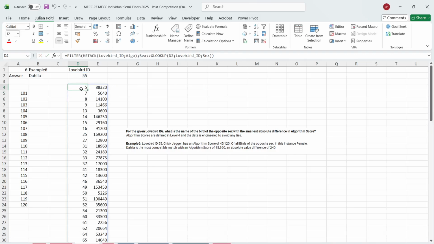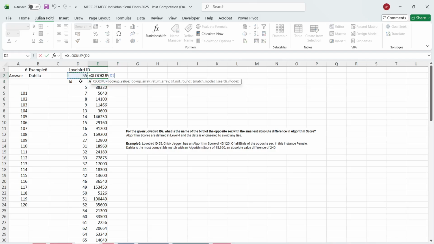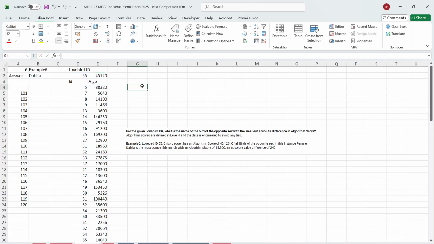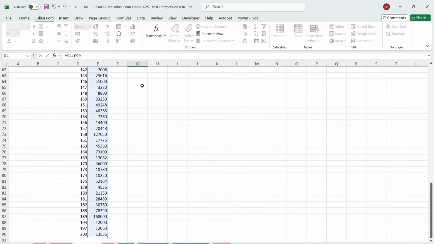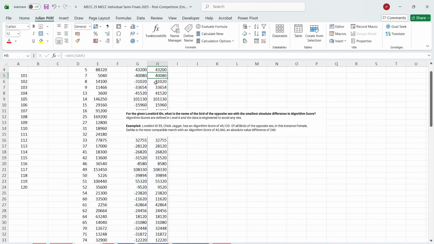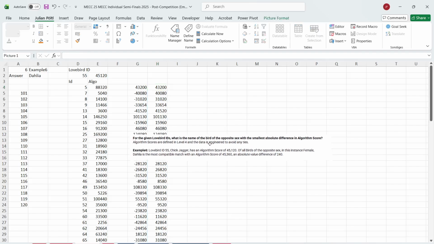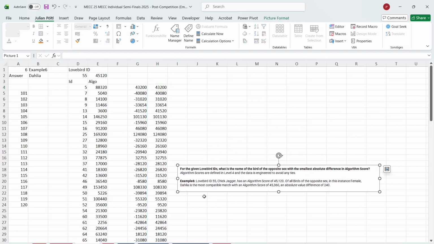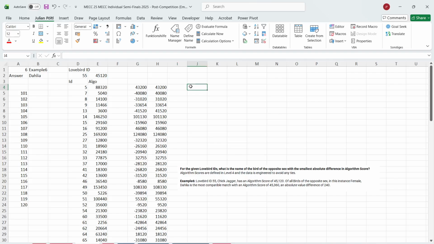Okay, so ID and algo, and here XLOOKUP in Lovebird ID returning algo. This minus this. No, I know where my lambda ID different minimum absolute difference is coming from.